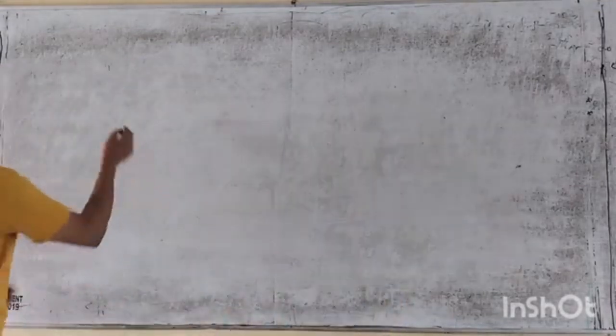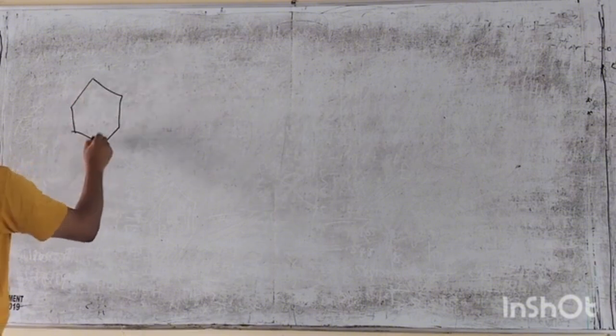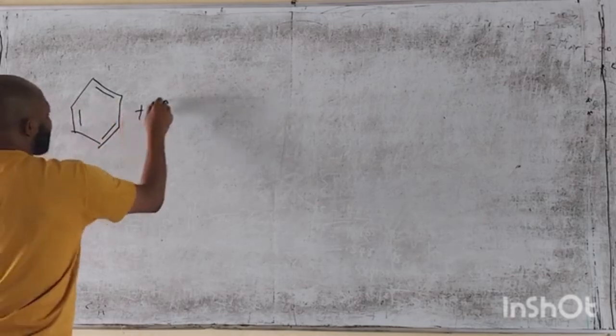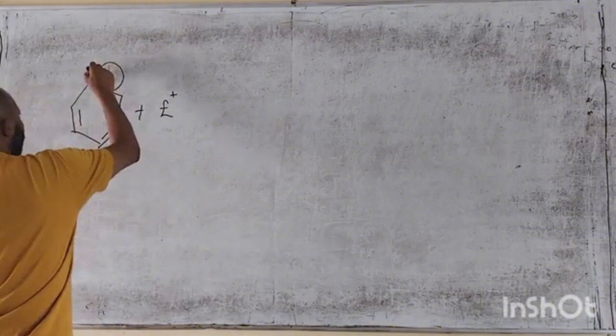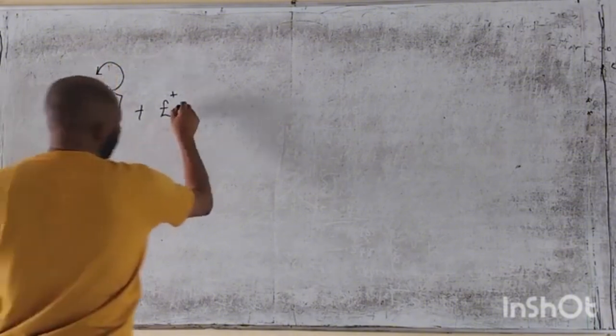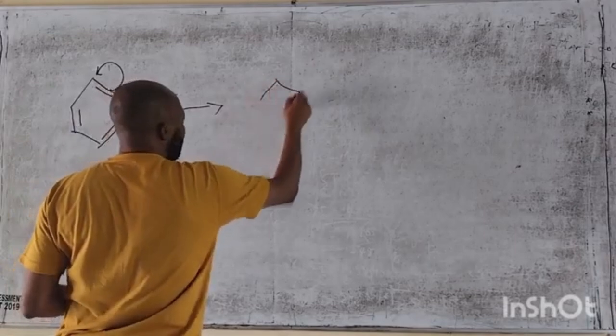Alright, in our first example, I have my benzene ring plus the electrophile. Okay, this moves down here. And that will give me, I now have my benzene.